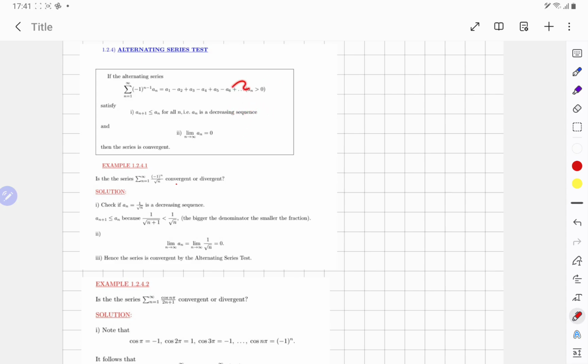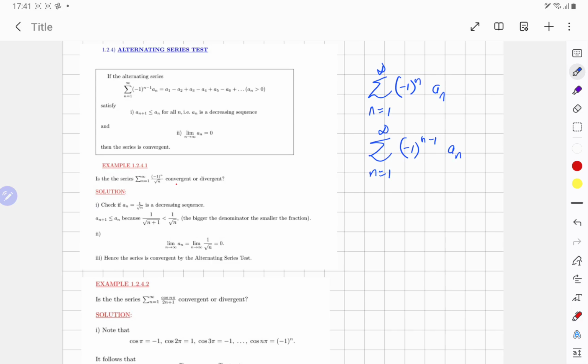Now, our next type that we can use is the alternating series. Whenever you see something in this form, it can either be that or this form, (-1)^n or (-1)^(n+1).